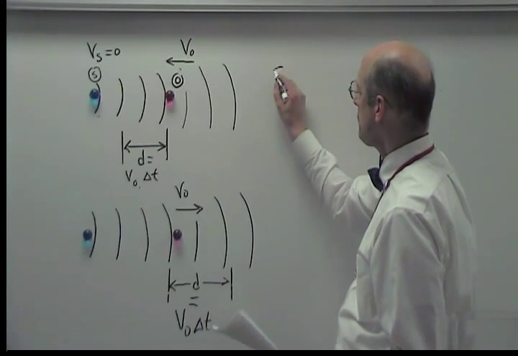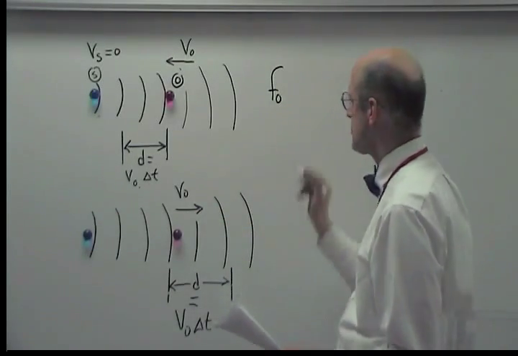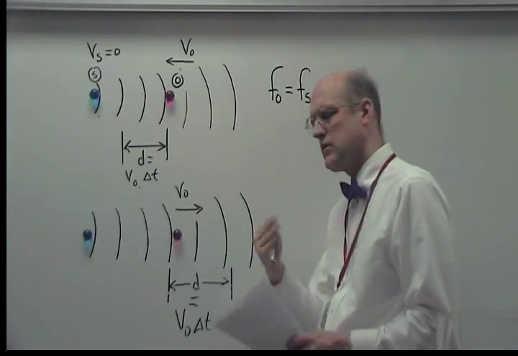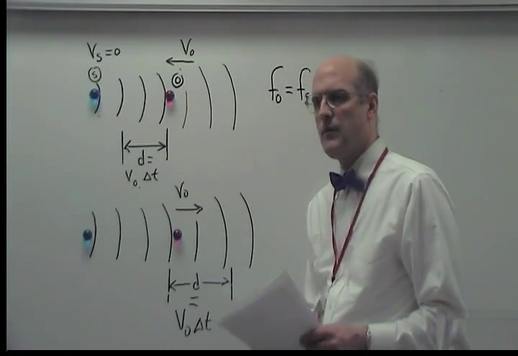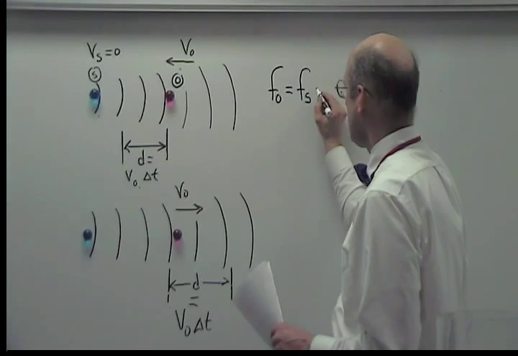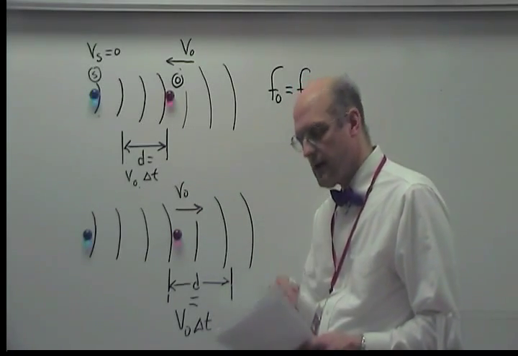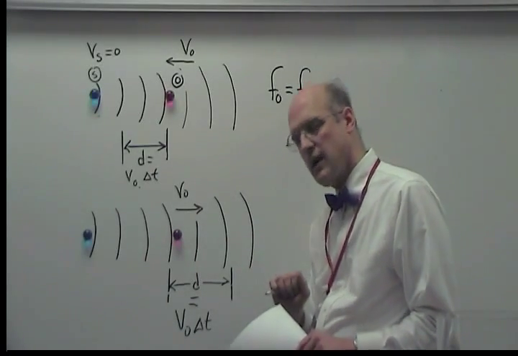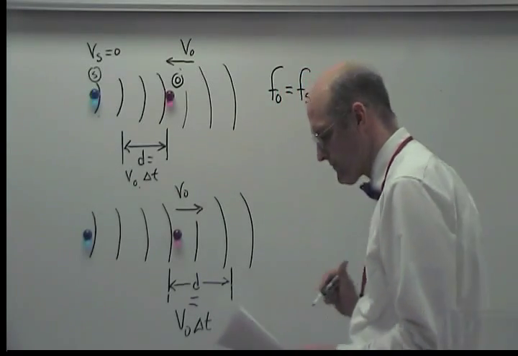So the observed frequency then of this observer moving away from the source would again be equal to the frequency of the source, and that's what the observer would hear if the observer weren't moving away. But then we have to subtract from that the frequency that it will miss by traveling in the direction of the waves. It's a little trickier to understand, and I'll help you better understand this in a moment.